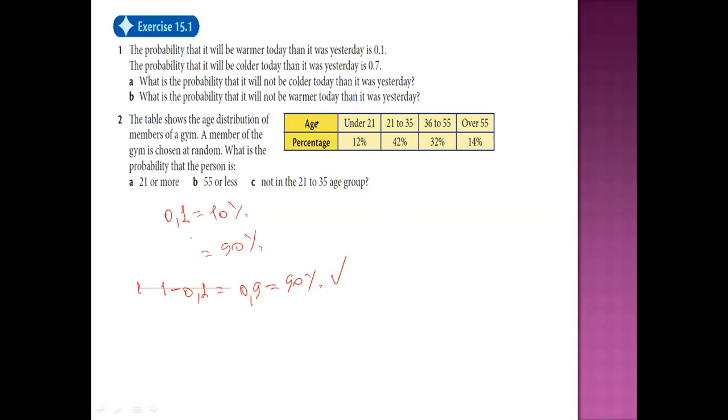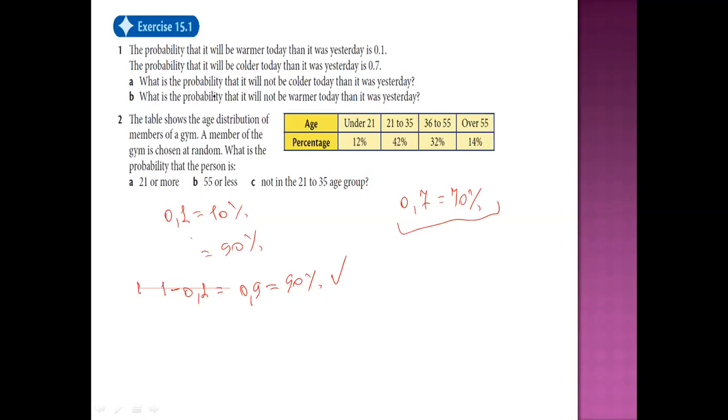And the second question: the probability that it will be colder today than it was yesterday is 0.7, is equal to 70%. The same means, in decimal form and percentage form. So what is the question?